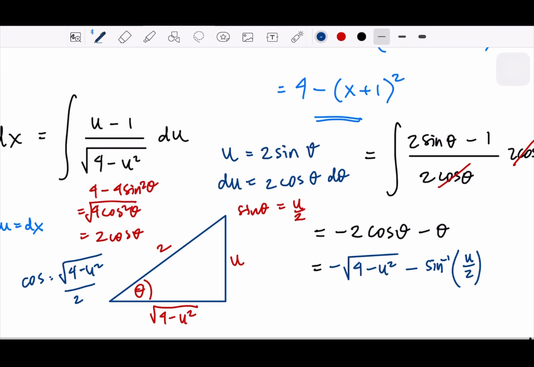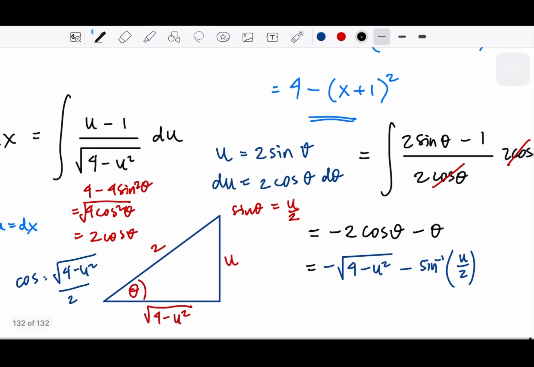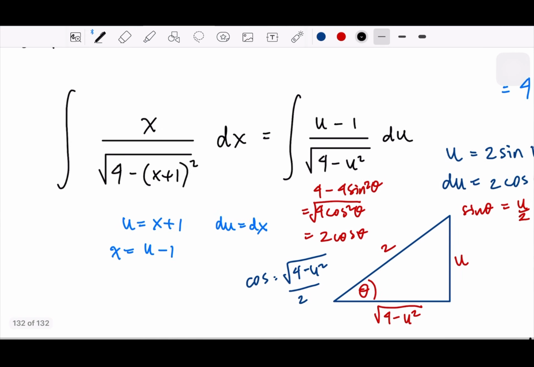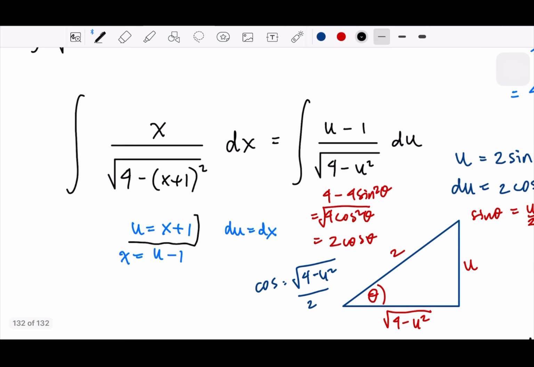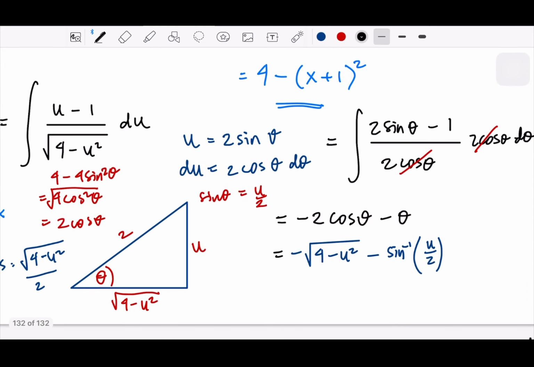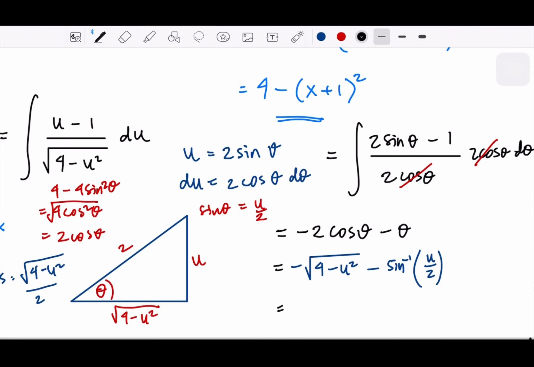Still not yet finished. We take u as x plus 1, so this will give the answer in terms of the original variable from the beginning, plus a constant.